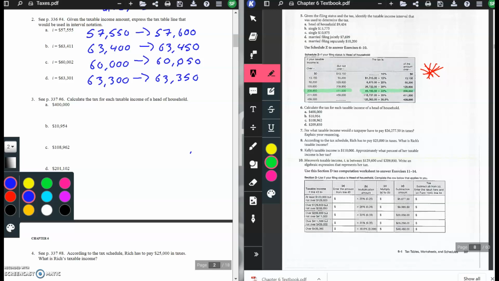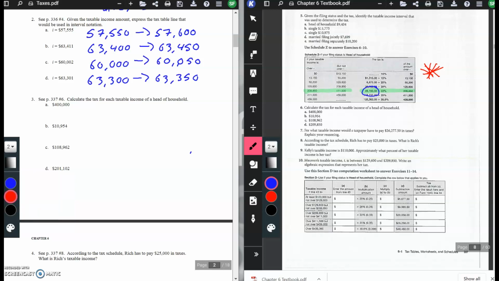Okay. So how you work through these is we know that we're going to pay a minimum tax of at least $49,192.50. So we know we're going to pay $49,192.50 automatically. Okay, and then we have to add on 33%. Now our 33% that we add on is everything over our $209,850.